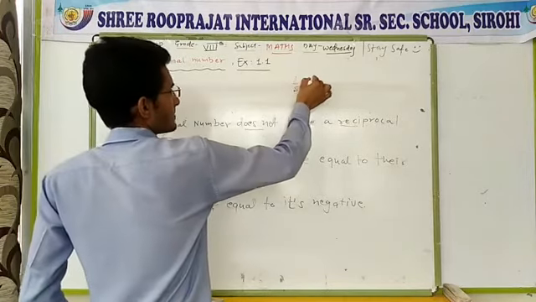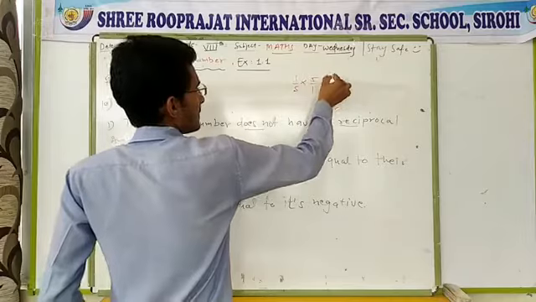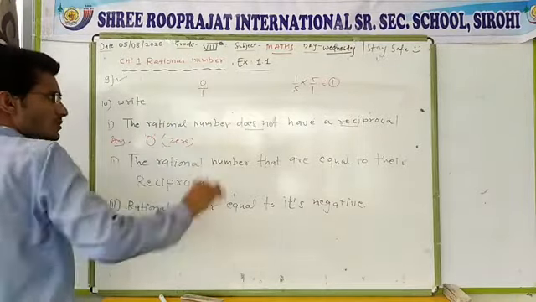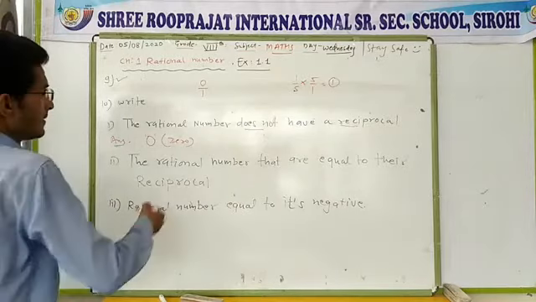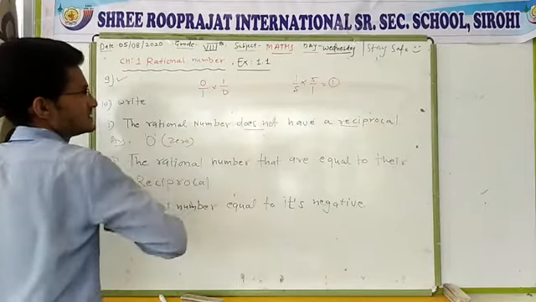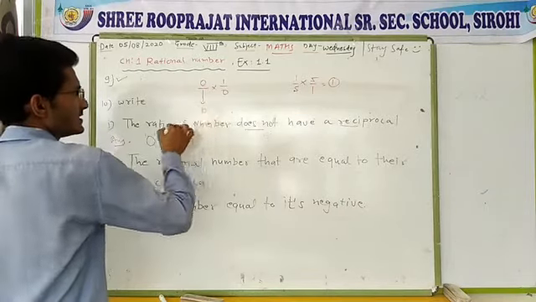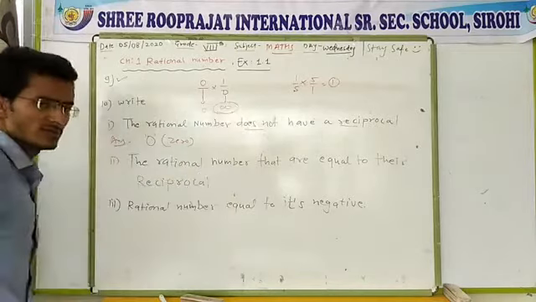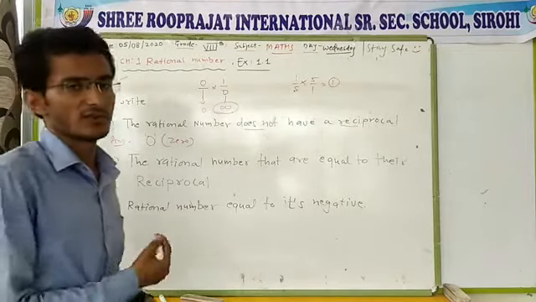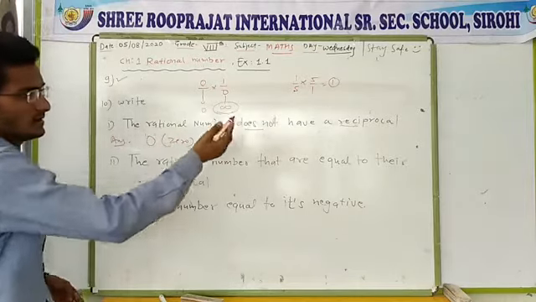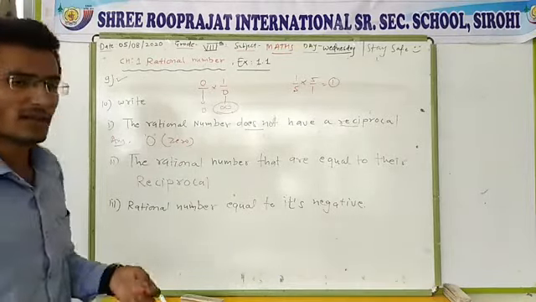If you multiply by the reciprocal, 5 by 1, you will get 1. But if we talk about 0, its reciprocal is 1 by 0. The value of this one is 0, but the value of the reciprocal is infinite. It is not a definite value, that means we don't know the exact value. So we consider that 0 does not have any reciprocal.